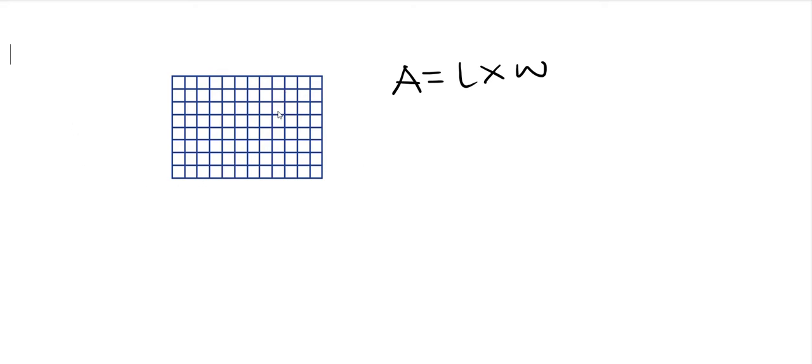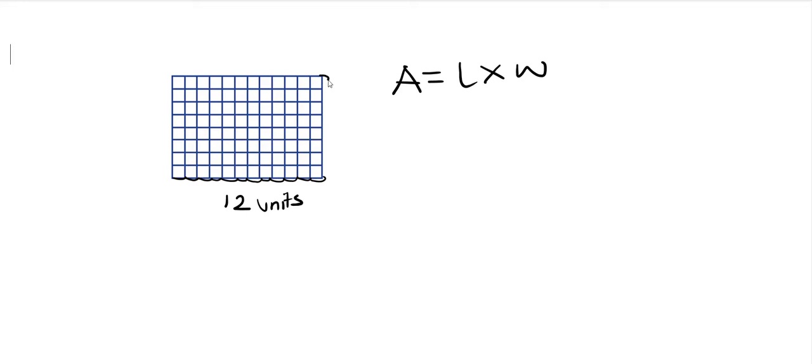When it comes to finding area, we are basically working out how many smaller squares make up a larger shape, in this case a rectangle. So yes, you could have counted all the squares individually, but we can see that the length is, if I count my units, 1, 2, 3, 4, 5, 6, 7, 8, 9, 10, 11, 12. So a length of 12. I don't know if it's centimeters or meters, so I can just say 12 units.